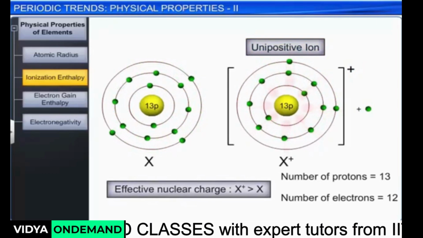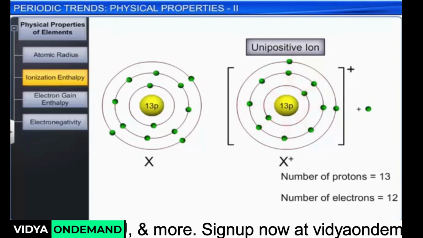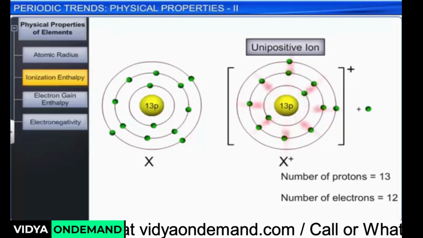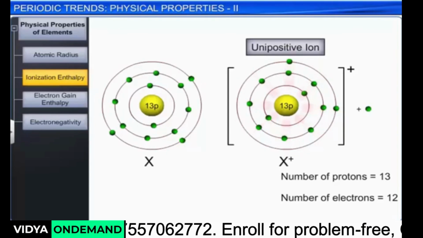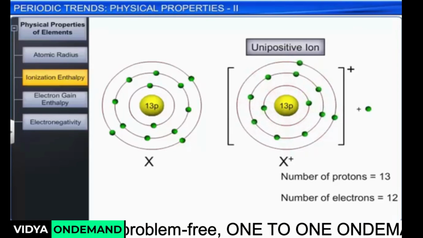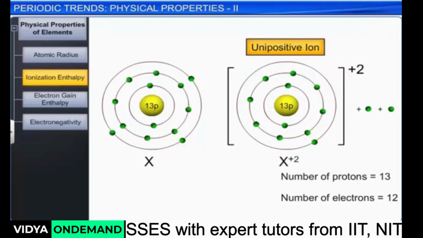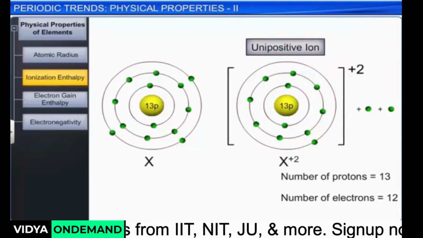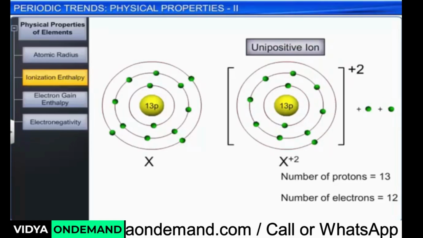Due to this, the nuclear attraction on the electrons increases, and hence, more energy is required to remove an electron from the unipositive ion. The term ionization enthalpy, if not specified, is taken for the first ionization enthalpy.